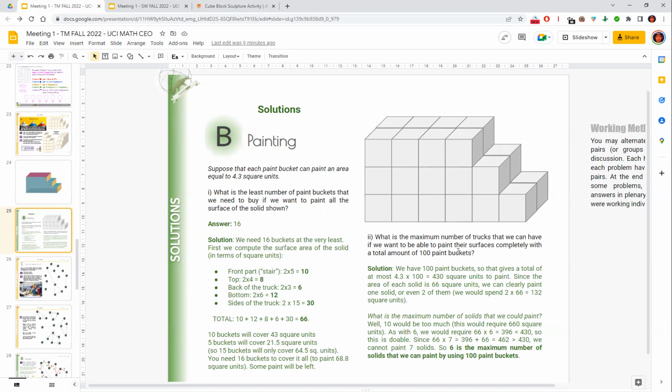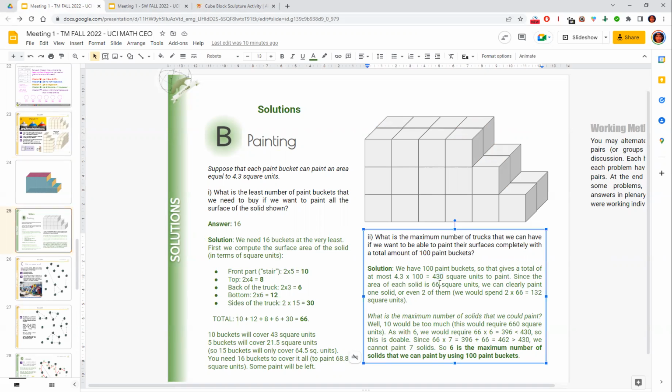And the question is, how many trucks can we paint? Maximum, of course. So here we can do some maths. It's simple calculations. 100 times 4.3 gives you 430. And then we would see how many groups of 66 fit into 430. And so here's the answer. 6 is the maximum number of solids that we can paint using 100 paint buckets.